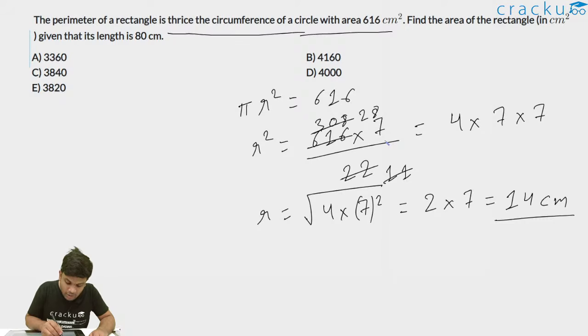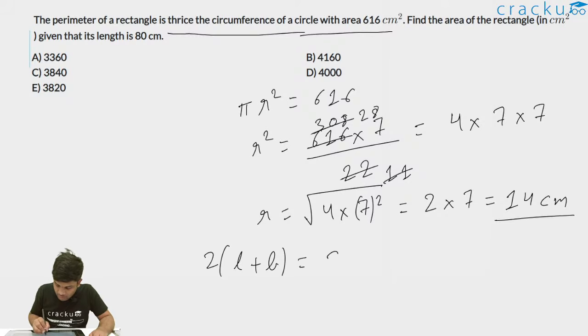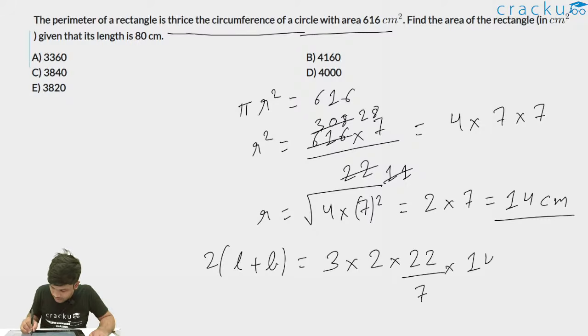Now the perimeter of the rectangle is thrice the circumference of the circle. So the perimeter of the rectangle, 2 into (L plus B), is equal to 3 times the circumference of the circle. Circumference of the circle is 2 pi r, with r 14. So 7 will cancel out 2 times, 2 and 2 will cancel out.